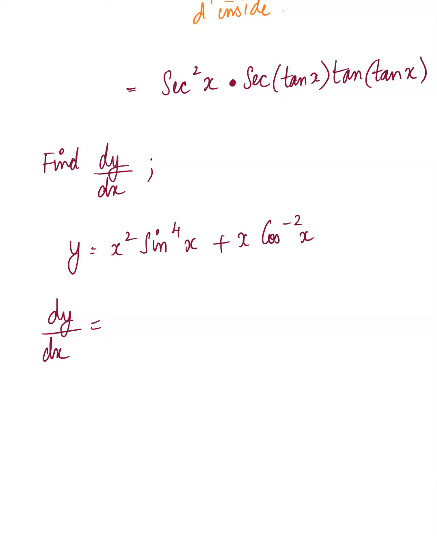I only have to remember that you do have to remember to do the chain rule for this one separately, because you have two separate terms. Okay, here also chain rule, but before you use the chain rule you have to use the product rule, isn't it? So we have plenty of things to do here, so I'll say chain rule plus product rule.